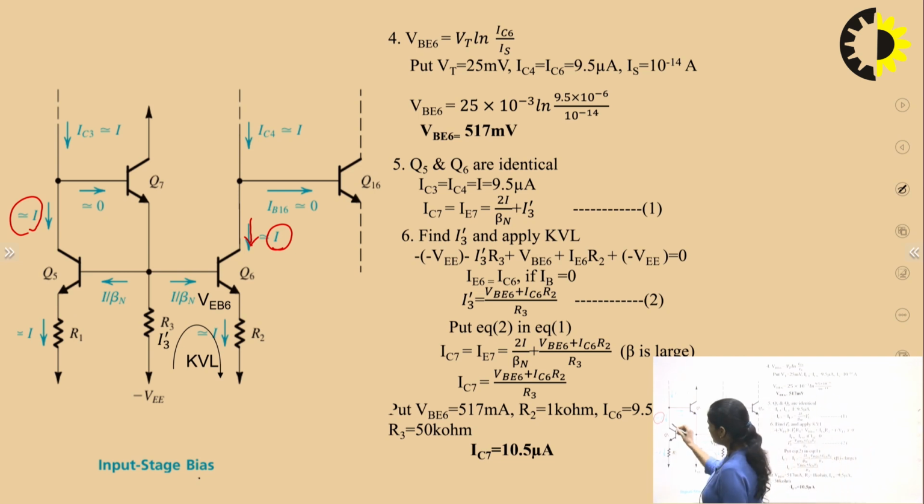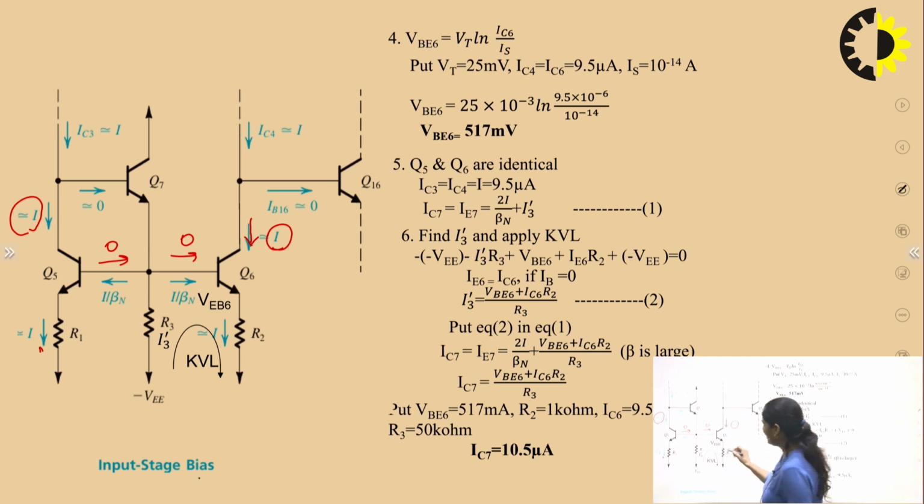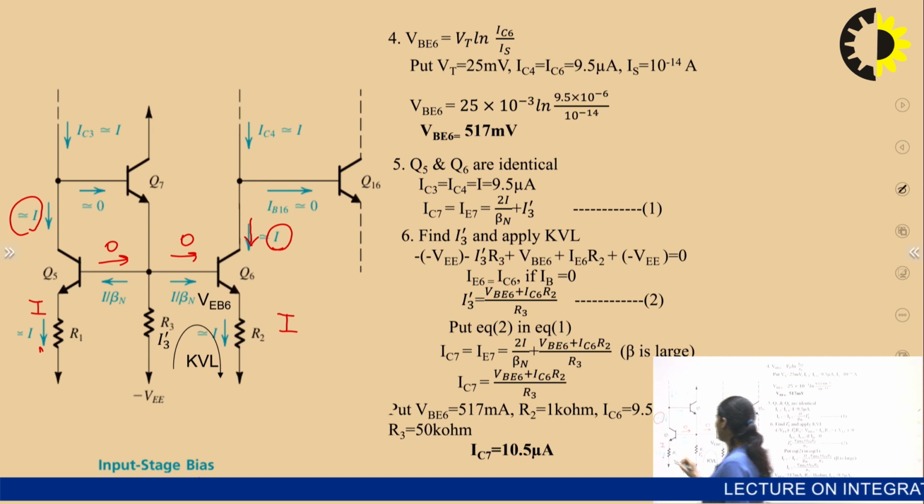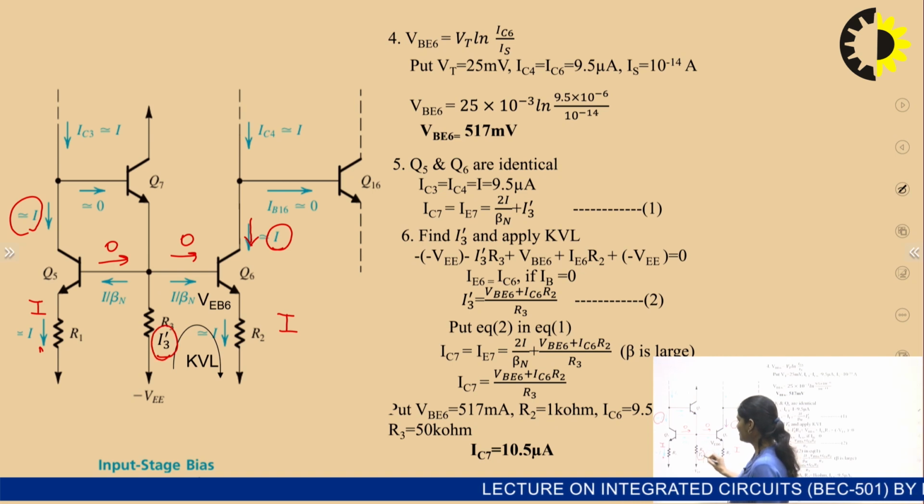If we are assuming base current 0 here and also 0 here, it means IE for transistor Q5 and IE for transistor Q6 is also equal to I. So here we have to find out current across this terminal. For this we have to find out I3 dash.